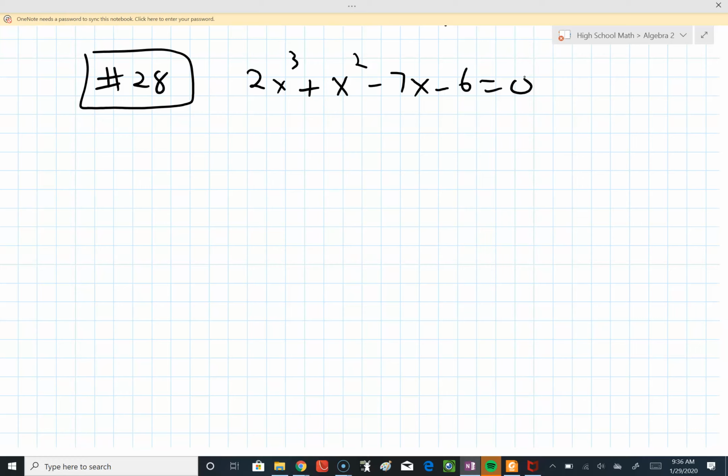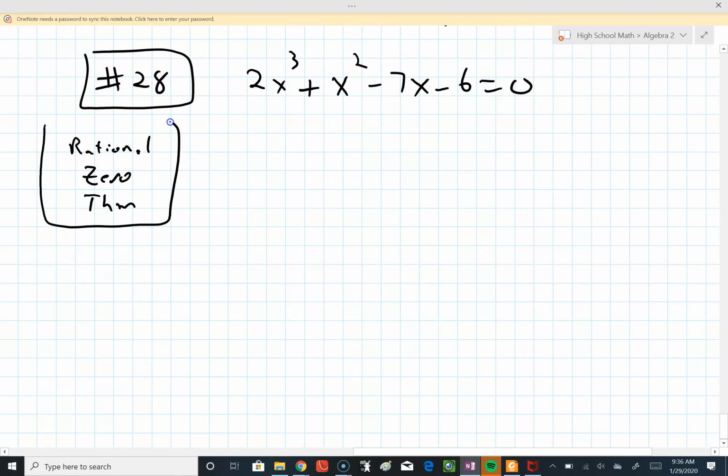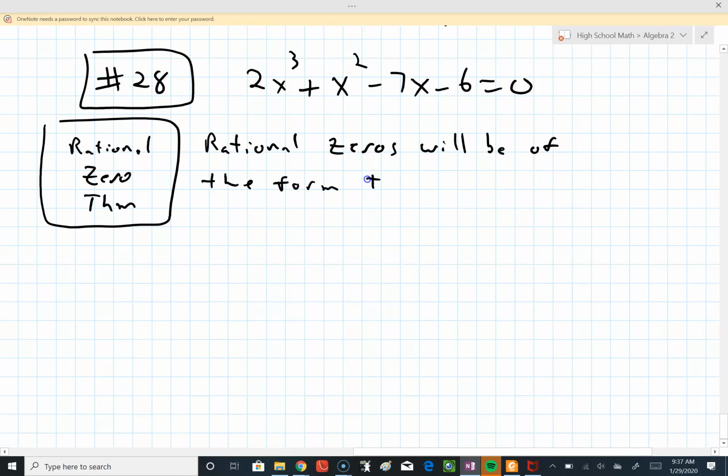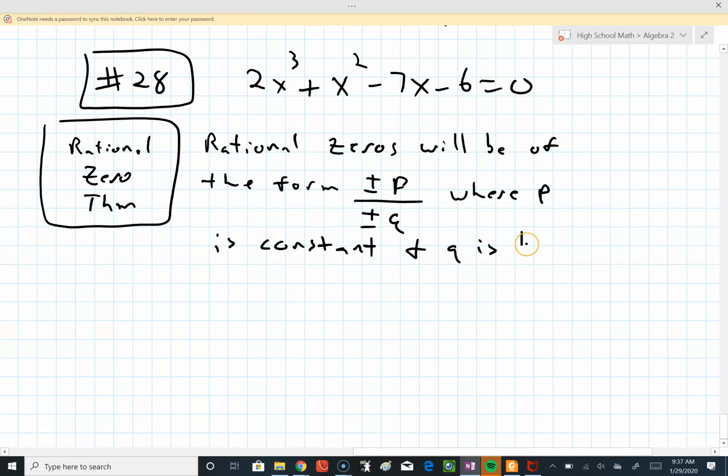All right, the rational zero theorem basically says this: if you have some rational zeros, they will be of the form plus or minus p divided by plus or minus q, where p is the constant and q is the leading coefficient.